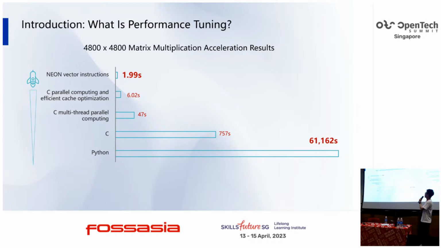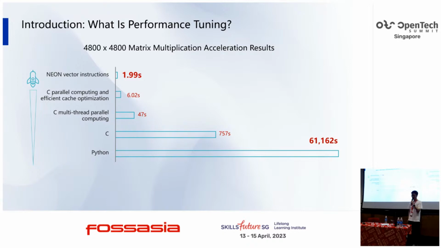First, I want to introduce what performance tuning is. This is a simple example of a matrix multiplication of 4,800 by 4,800. If we write it in Python, it will take more than 60,000 seconds to run. However, if we use C to write it, it only takes about 600 seconds to run.